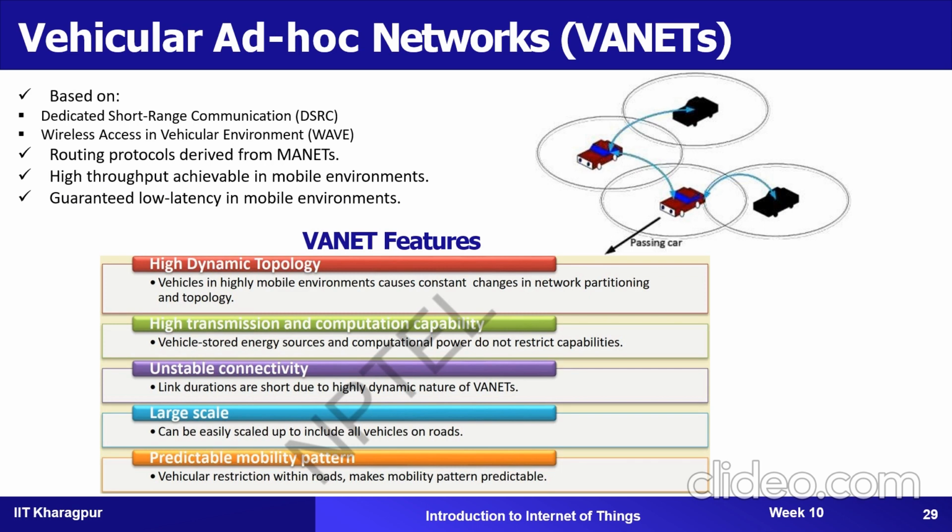High throughput is achievable in a mobile environment in this case, and they also guarantee low latency in a mobile environment. Now the features of VANETs: high dynamic topology, high transmission and computation capability, unstable connectivity, and large scale predictable mobility patterns.